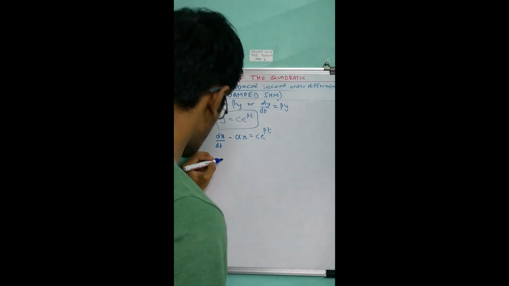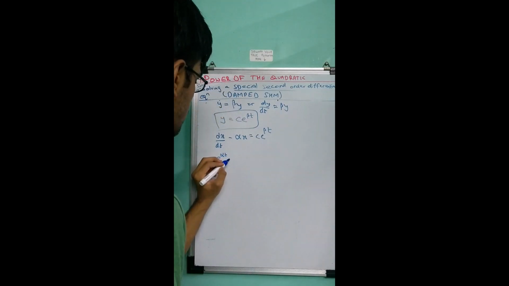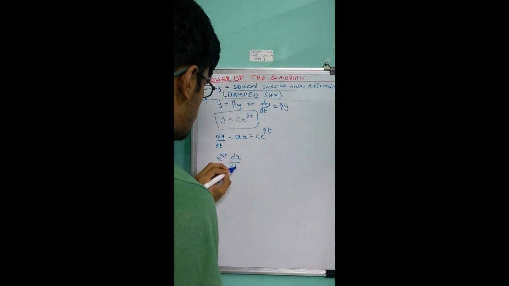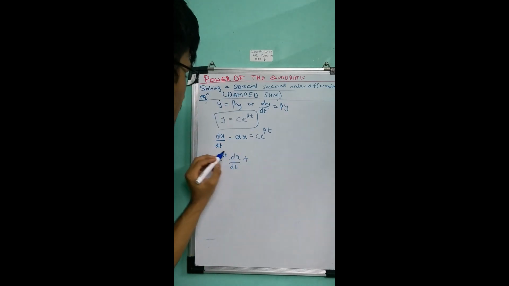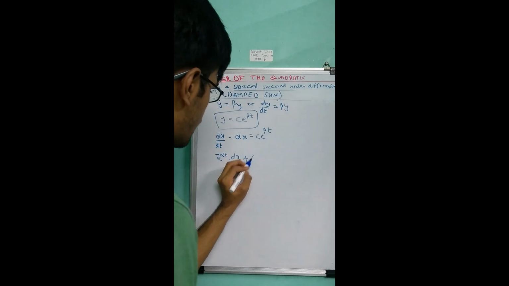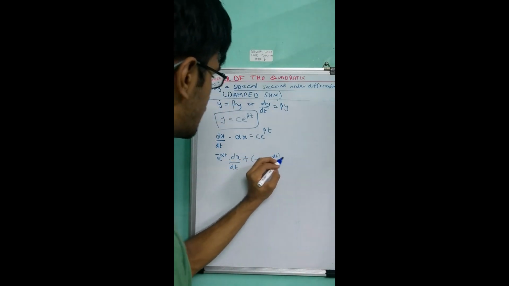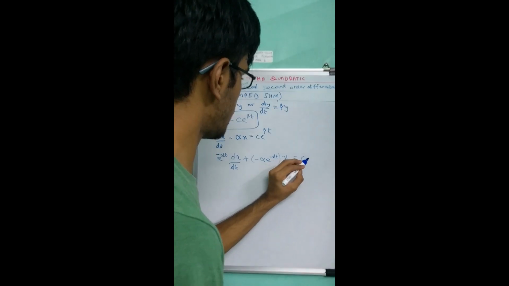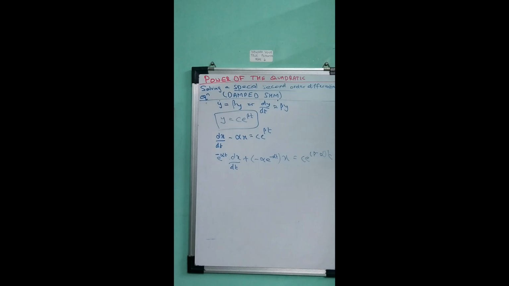What that gives me is e to the power minus alpha t into dx by dt, plus minus alpha e to the power minus alpha t into x, equals c e to the power beta minus alpha t. This is what we get.